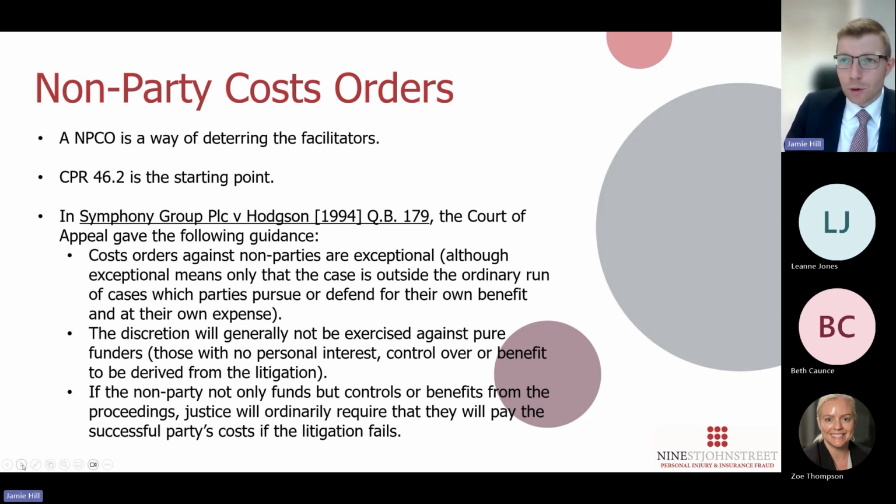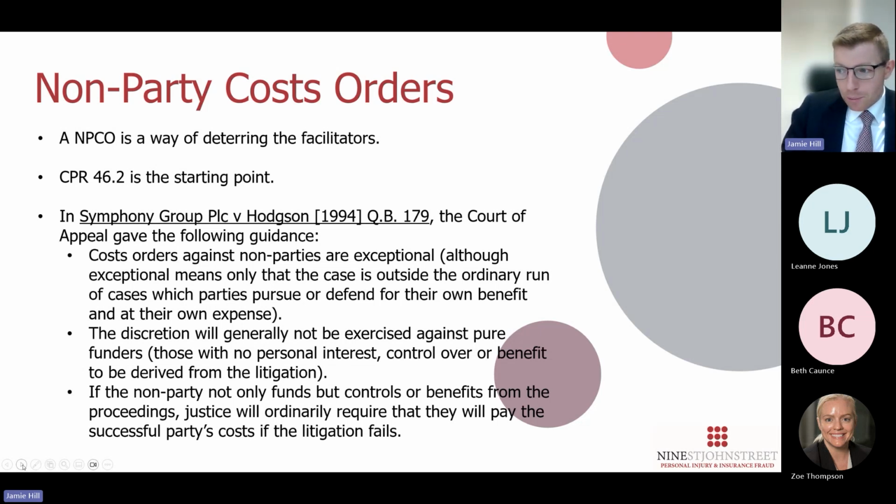So the starting point is a non-party costs order is an exceptional order, but exceptional only means it's outside the ordinary run of cases where the parties pursue or defend them for their own benefit and at their own expense.